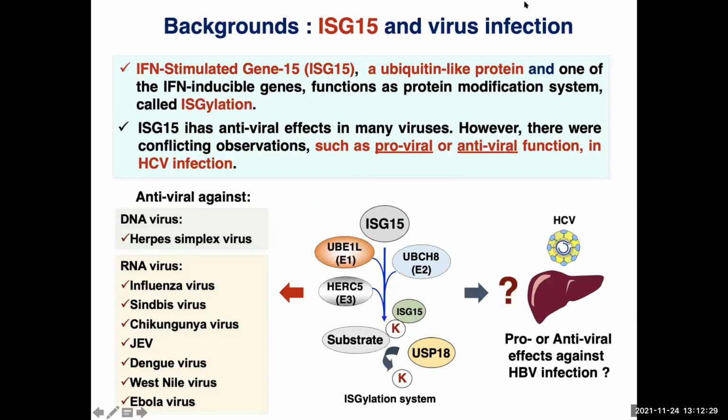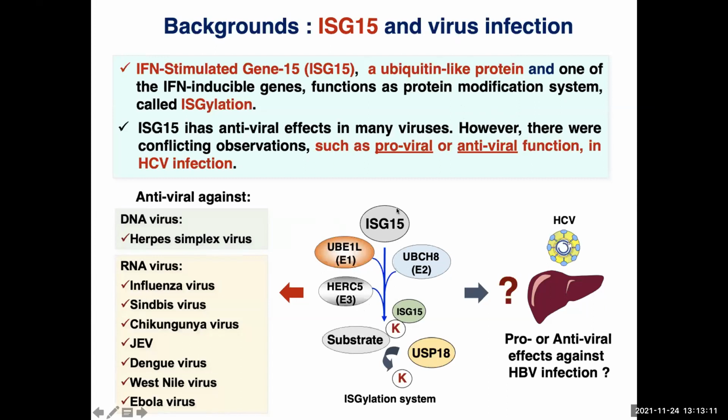And today's topic is ISGylation. ISG15, interferon stimulated gene 15, is a ubiquitin-like protein. ISG15 is induced by type 1 and type 3 interferon and functions as a protein modification system, which is known as ISGylation. This is an enzymatic reaction, and there are several key players, E1, E2, E3, and these enzymes function in a cascade.